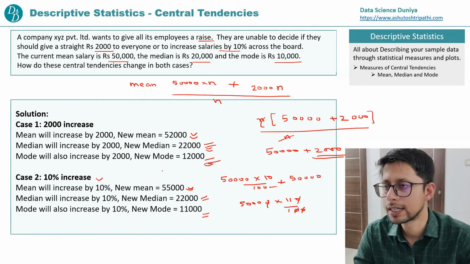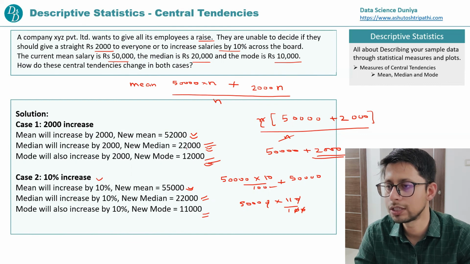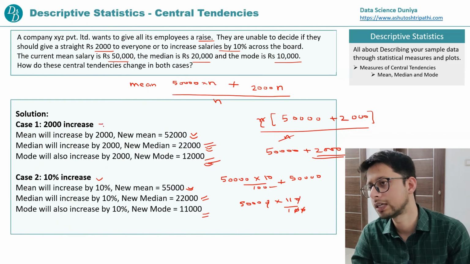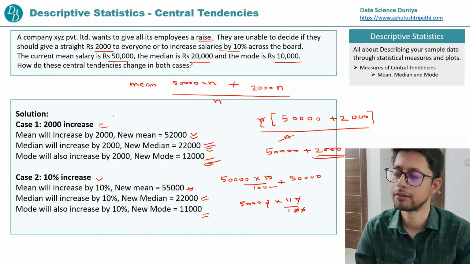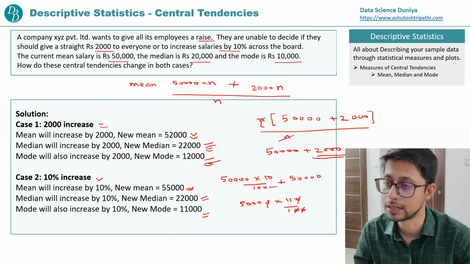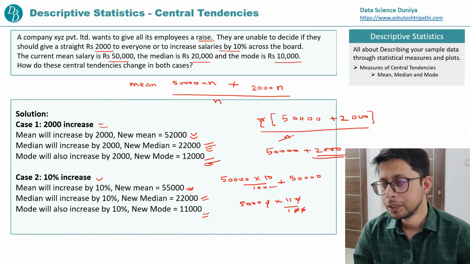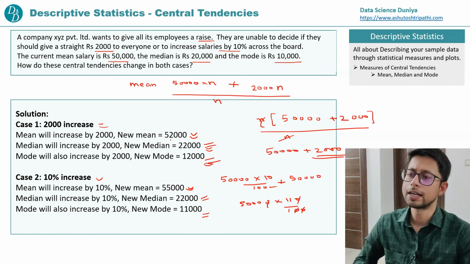Based on that you can decide. The average salary here is 52,000, and here the average salary will become 55,000. So maybe the company wants to go with the 2,000 increment and not give a 10% increase. That's fair, so that's how you can take a decision.